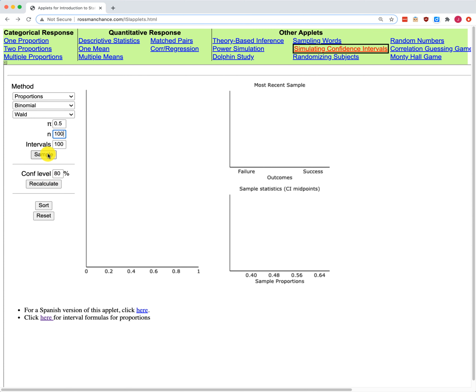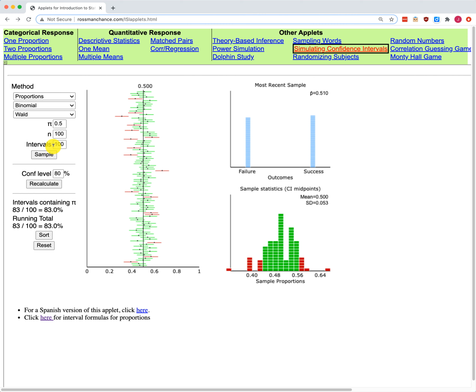If we sample 100 intervals, you can see what's happening to these confidence intervals. You can see how many red intervals there are, how many green intervals there are. What's the connection between an 80% confidence interval and the reds and the greens that you see in this graph? Let's recalculate it.